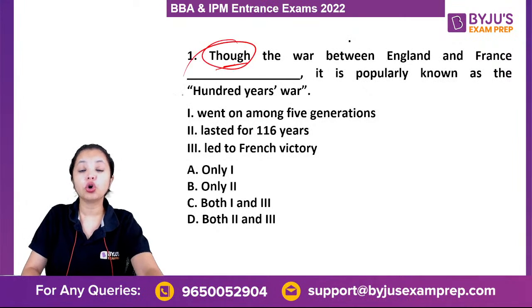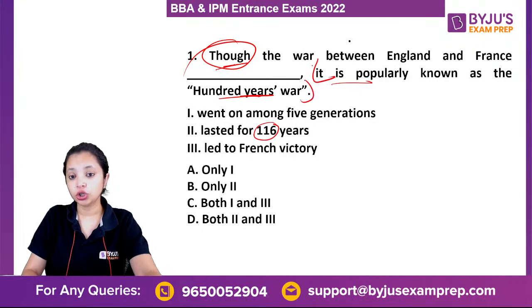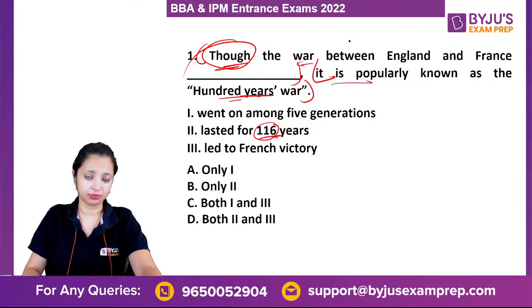though shows contradiction. So though it lasted for 116 years, still it is known as the 100 Years' War. So this part should be contradictory to this part. It lasted for more than 100 years, yet you call it a war of 100 years because of some reason.